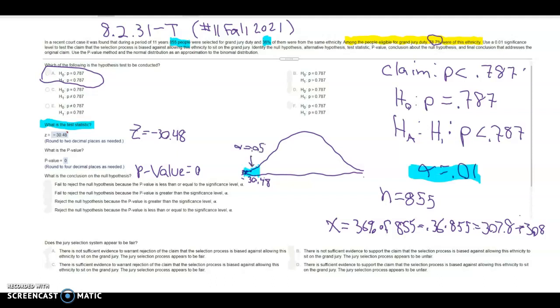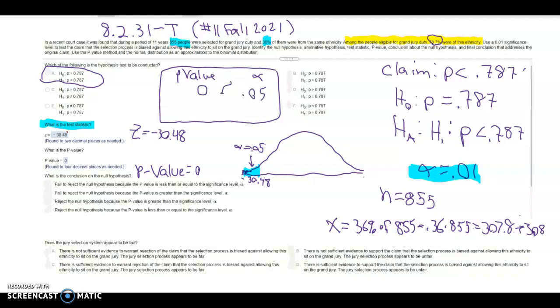You can see I've drawn in our alpha value, and the shaded region fits within the alpha value. Doing our comparison, we always write alpha on the right and p-value on the left. So we have here 0 on the left and 0.05 on the right.